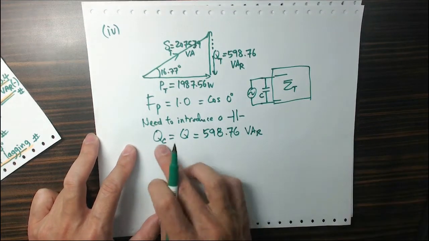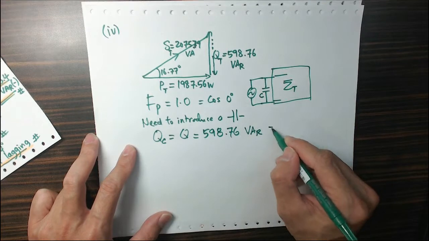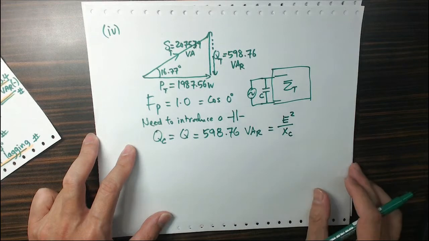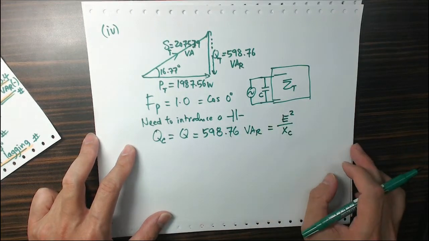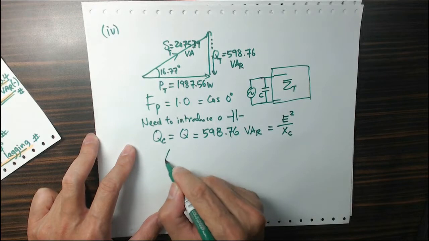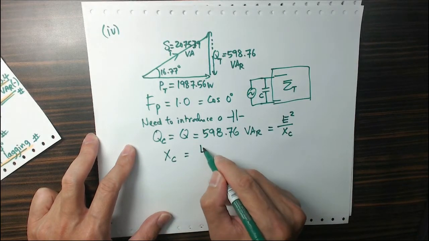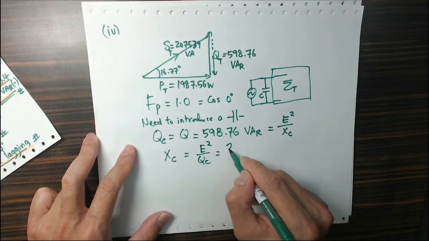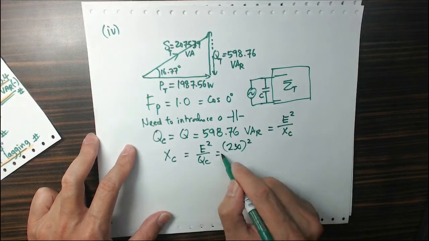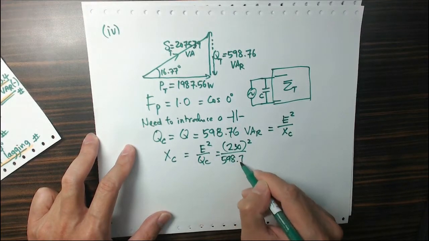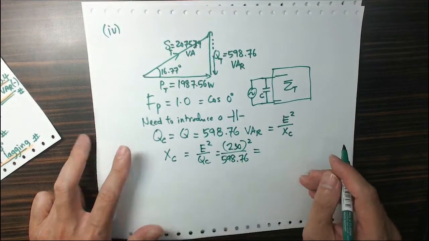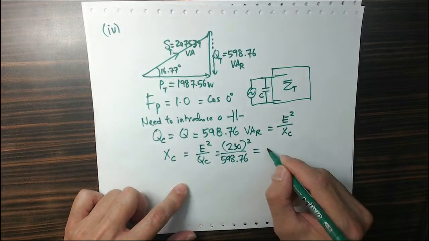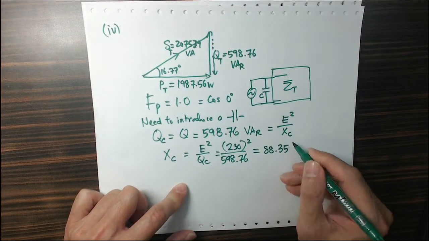Now we know that Qc is E squared over Xc, the reactance of this capacitor. Rearranging, Xc equals E squared over Qc, which is 230 volts squared divided by 598.76. That gives me a value of 88.35 ohm.